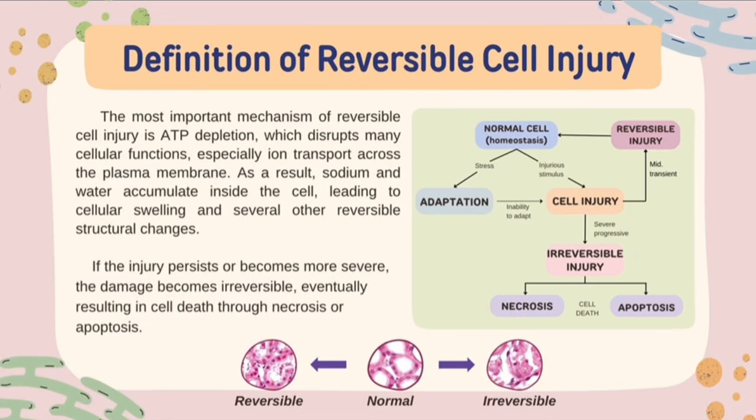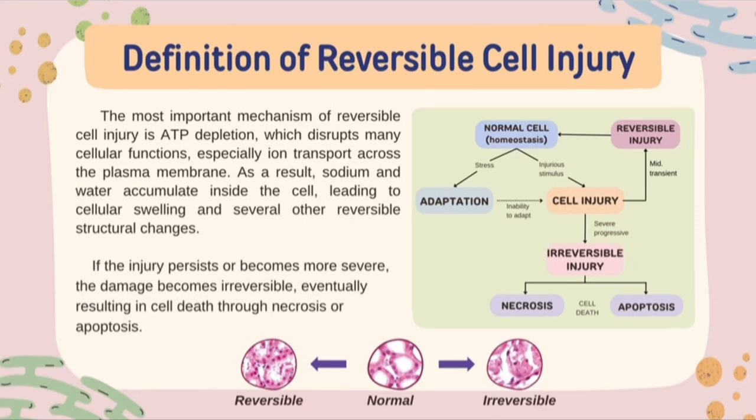One common example is cell swelling, which occurs because ATP production decreases and the sodium-potassium pump cannot function properly. If the cause of the injury is removed early, the cell can recover and return to its normal structure and function. Therefore, this condition is called reversible cell injury.